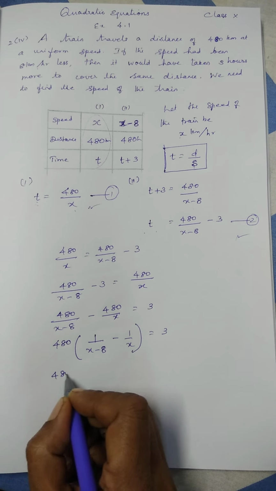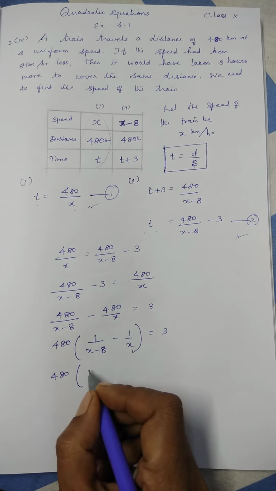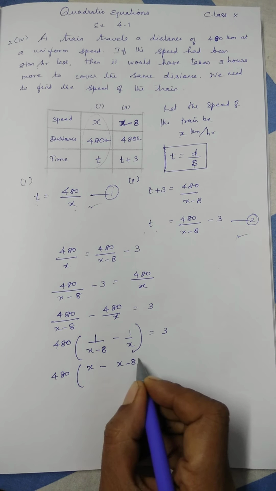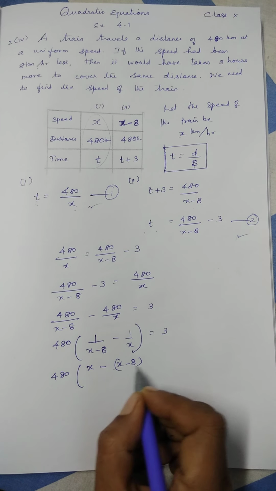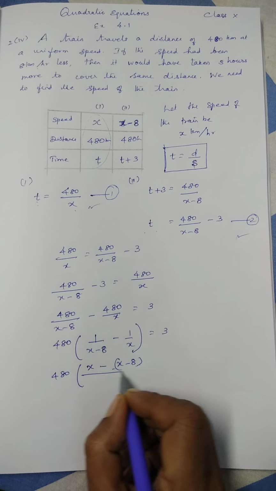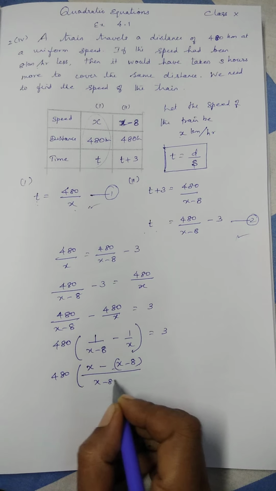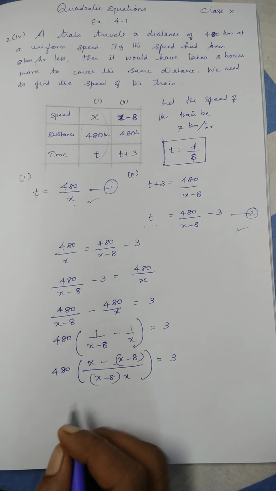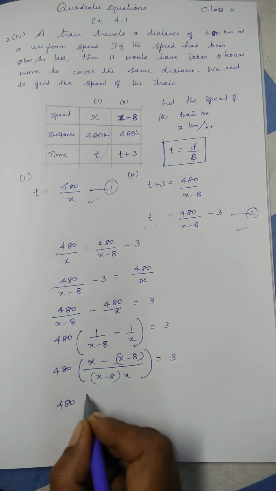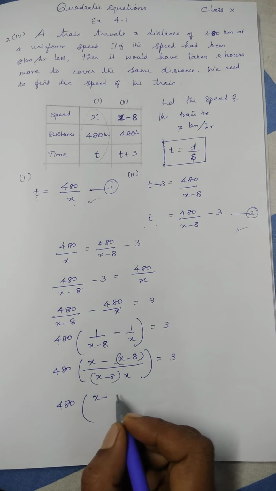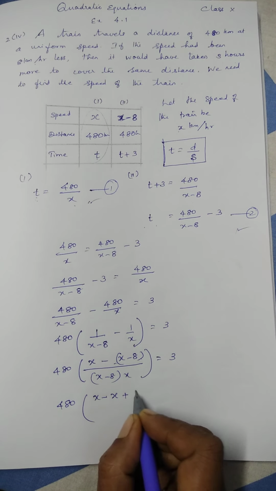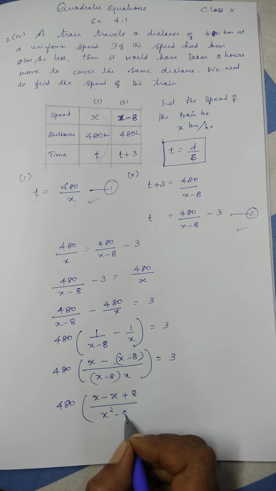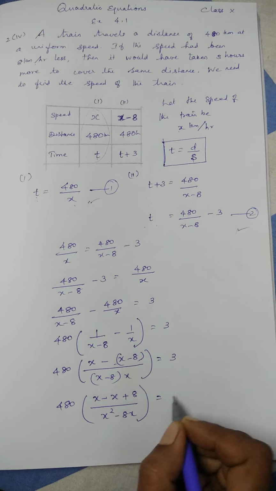Taking the LCM, I'll have x here and x minus 8 here. Be careful children, this x minus 8 should be in brackets. So 480 times x minus x minus 8, over x into x minus 8, is equal to 3. If I remove the bracket, x minus x plus 8 by x square minus 8x is equal to 3.